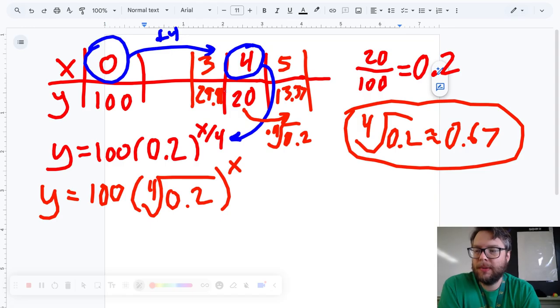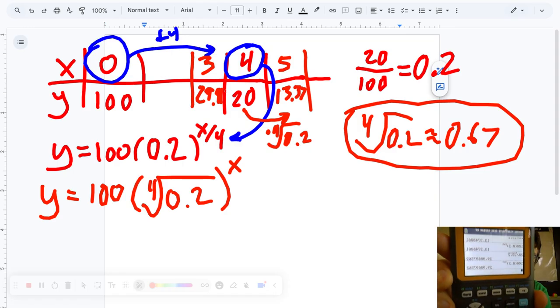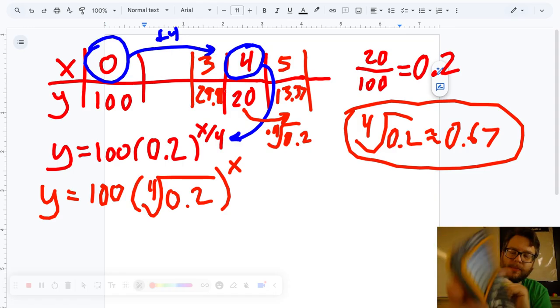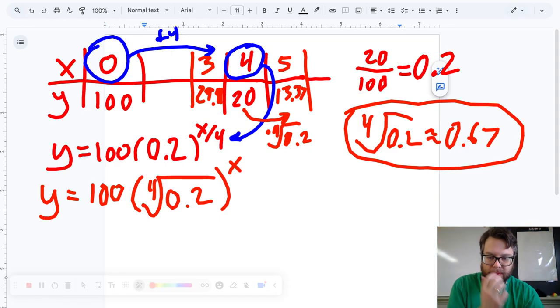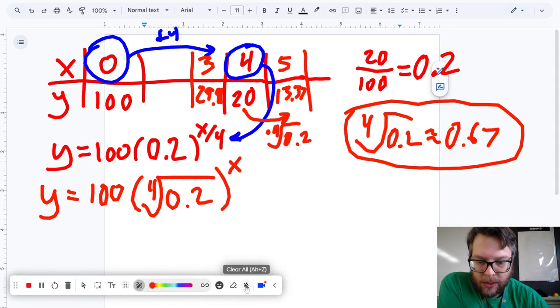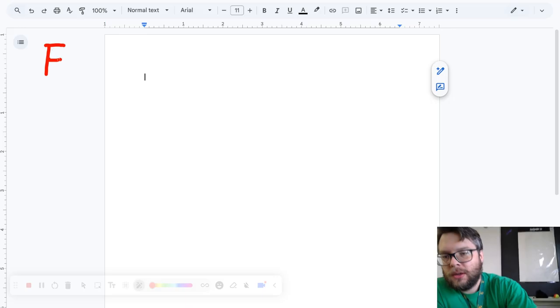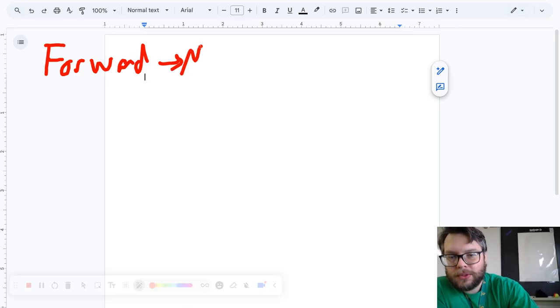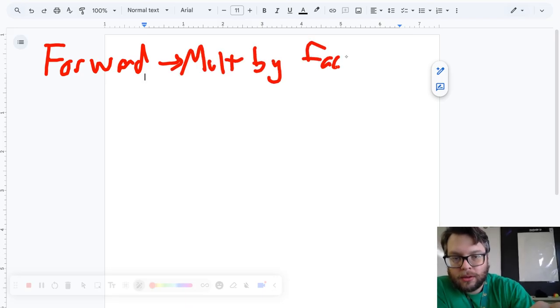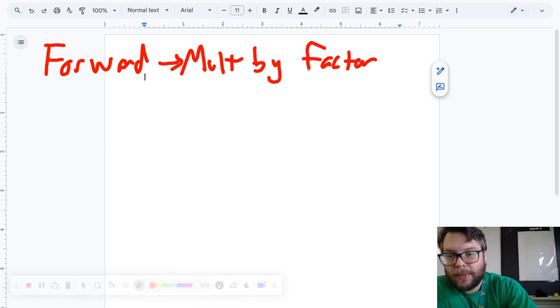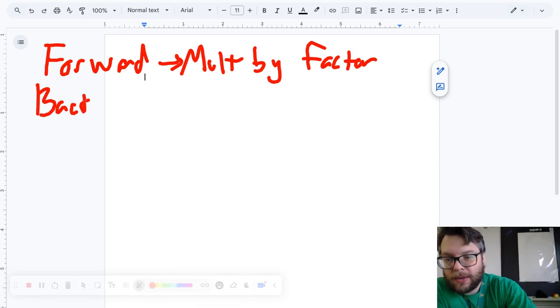Or I could have used my equation, replacing the x in the exponent with a 3. Okay, so here's the key takeaway from this part, is that to work forward, you multiply. To work backwards, you divide. So forward means multiply by the factor. Backwards means divide by the factor.